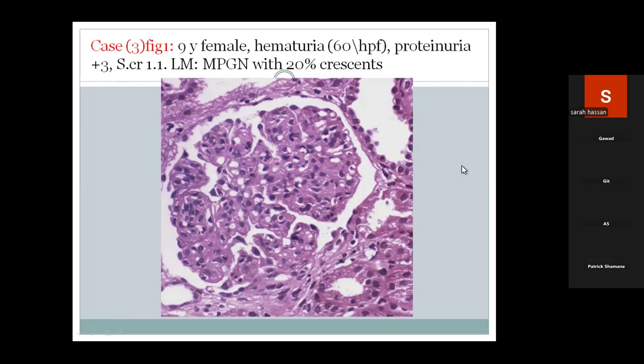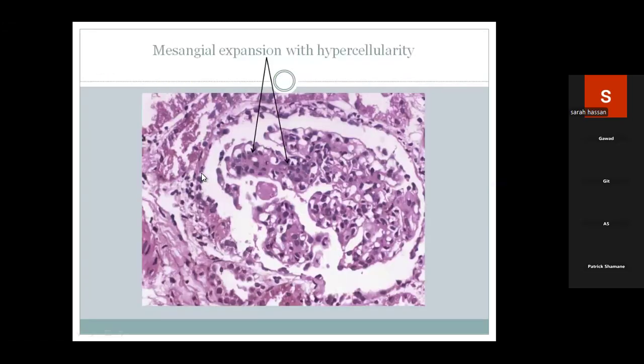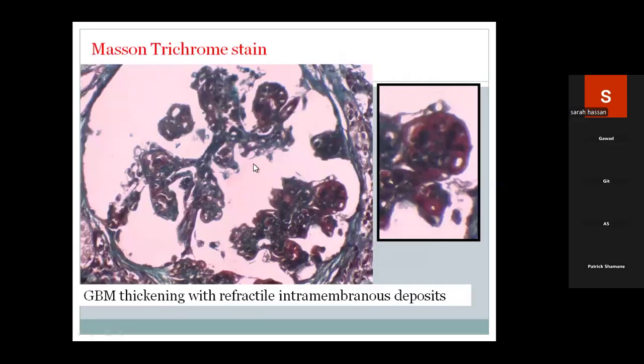And under Masson trichrome, we can see the thick glomerular basement membrane with refractile intramembranous deposits. Immunohistochemistry shows diffuse glomerular basement membrane C3 deposits, and the IgG shows some non-specific endothelial deposits, so it's negative.